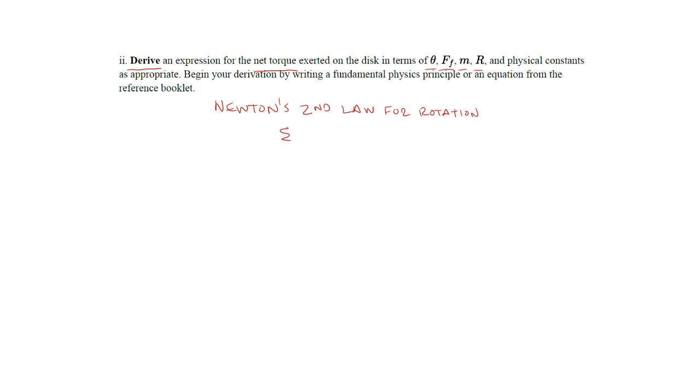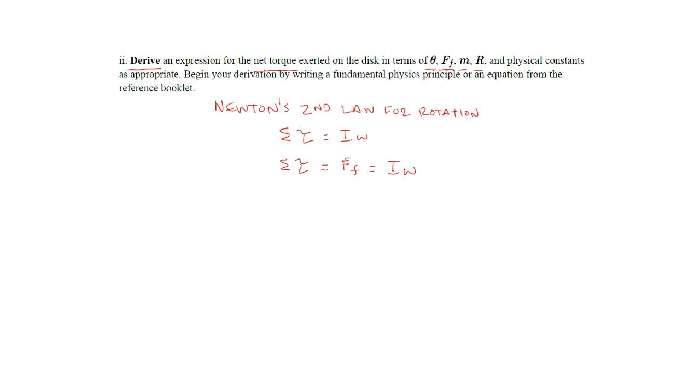We could say the sum of torques is equal to I alpha. So the sum of torques in this case is just the force of friction. The force of friction is the torque that's causing the disk to roll down the hill, and that's equal to I times alpha.